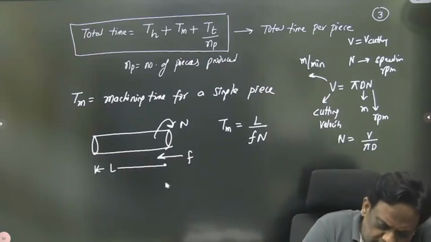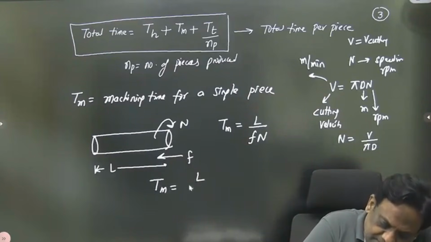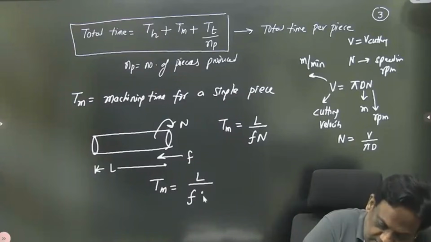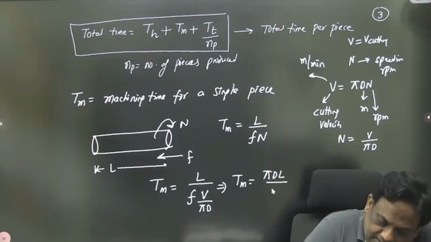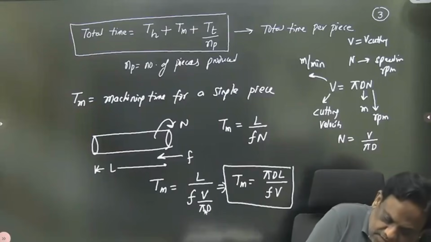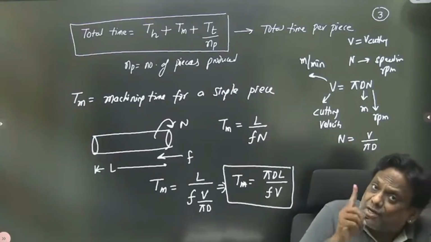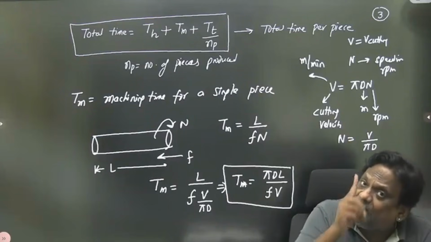ठीक है. So what is the machining time, sir? मेरे प्यारे बच्चों, can I write machining time as L by F N? What is N, sir? V by pi D. So therefore, the machining time is given by pi D L by F into V, a very important equation. This pi D will go to the top. Pi D L by F V. This is the machining time for a single piece.